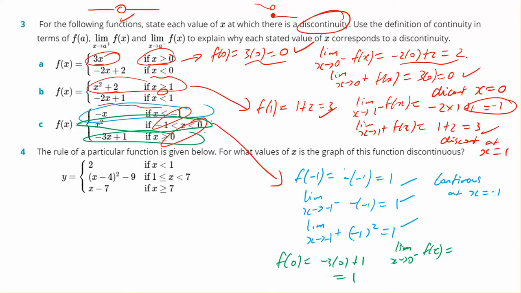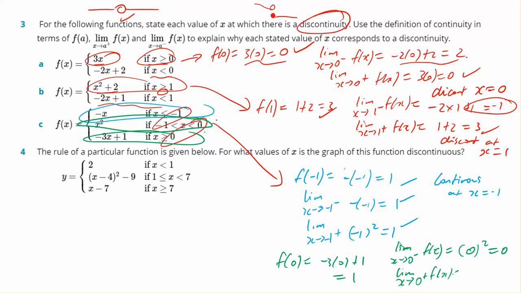So this must be the equation from the left. If I sub it in, I get 0 squared, not -1, sorry, 0 squared, so that's 0.